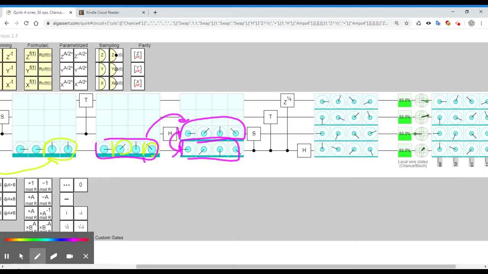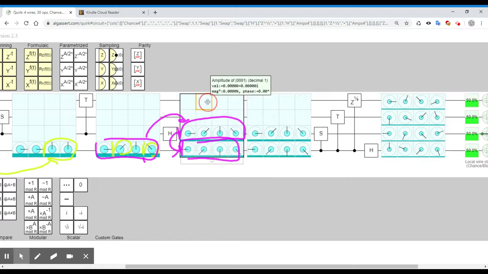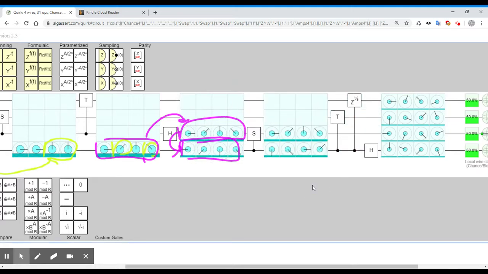But now we should probably take a look, because now this one is a 1, this wire. So we should probably take a look at what's happening here in between. If we do these, so now what we have got is that for the elements that have a 1, which are only these ones in here, we're applying another S rotation.